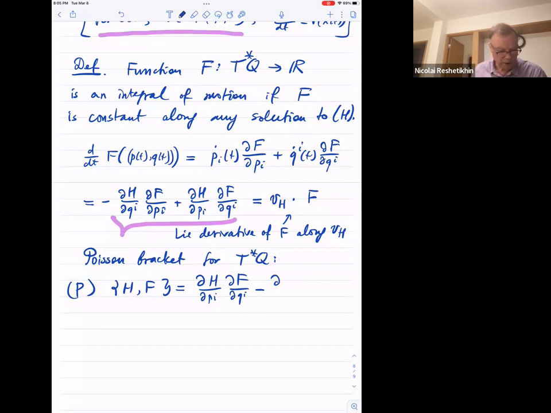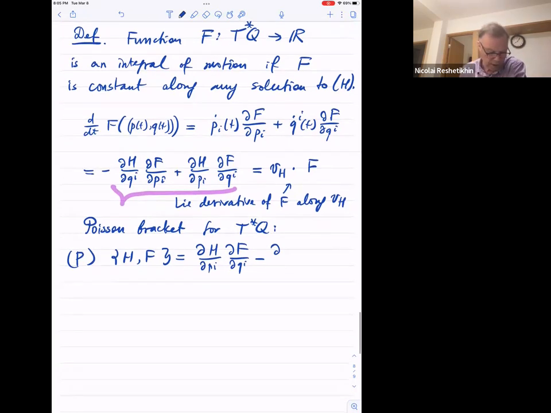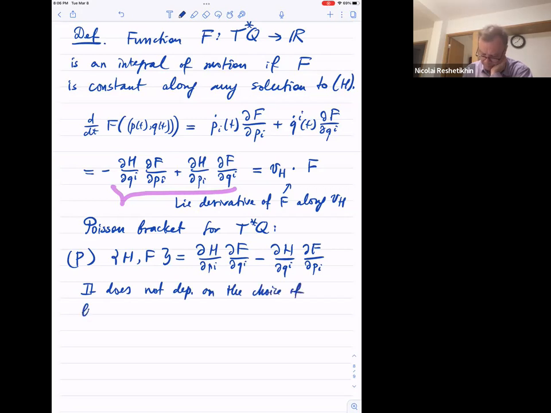When I finish with the Hamiltonian reformulation of Lagrangian mechanics, we will make a digression into symplectic geometry, and I'll define more general structures, of which these are very important examples. But for the moment, let's just do everything in local coordinates. The first statement, just a remark: it doesn't depend on the choice of local coordinates.